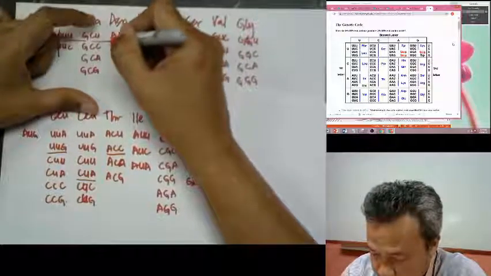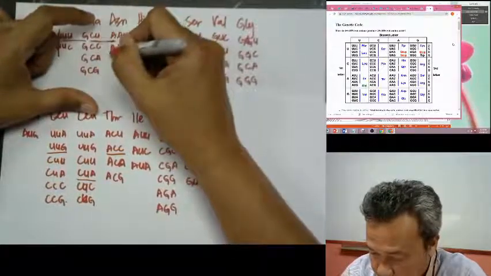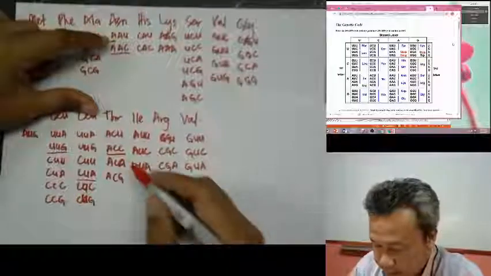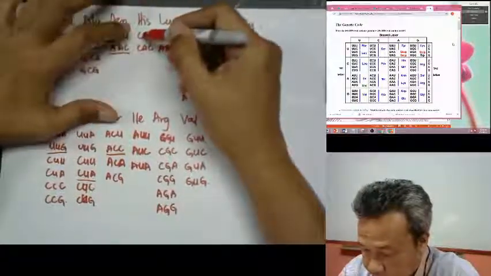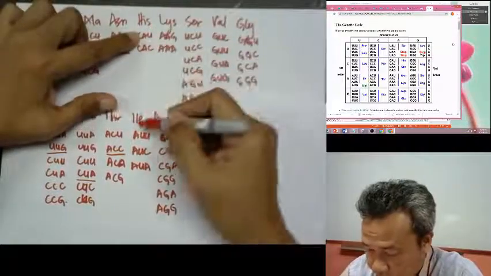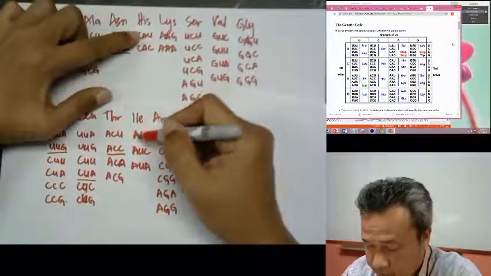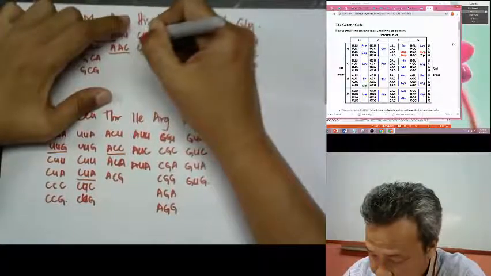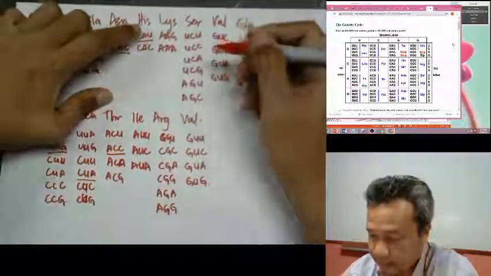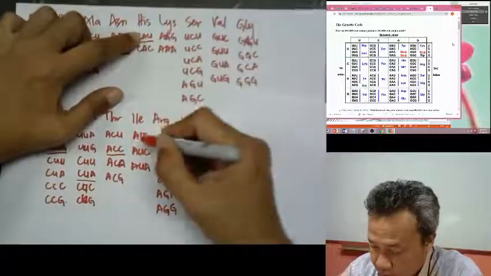So you have CUA ACC. Which one is correct? The next one is isoleucine. Isoleucine is AU, so it must be that one again. AUU.